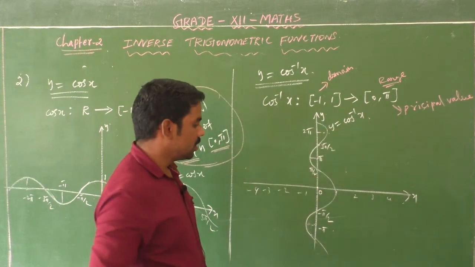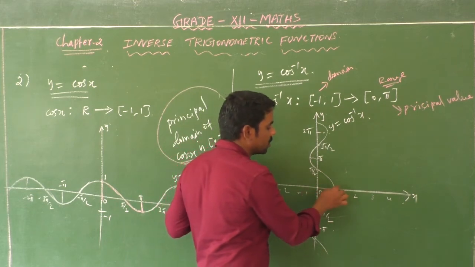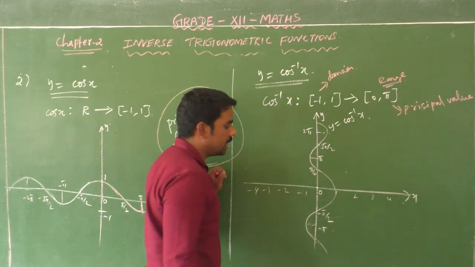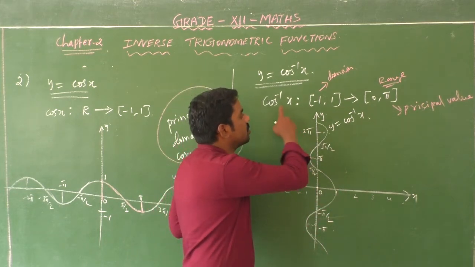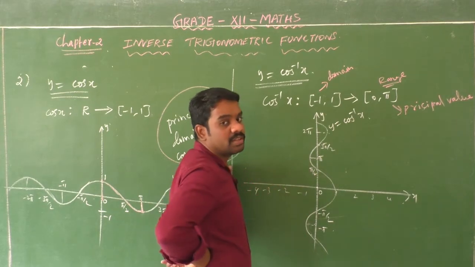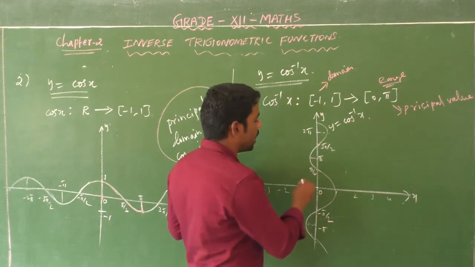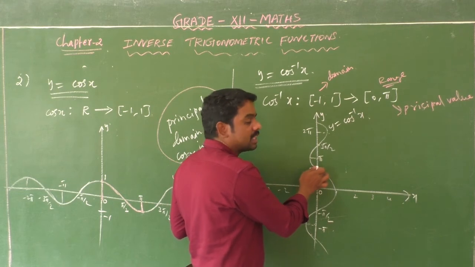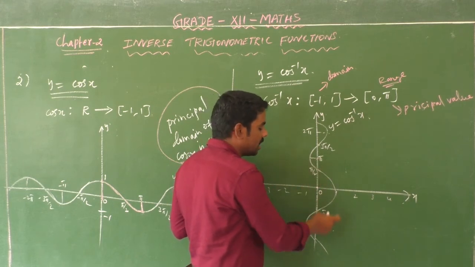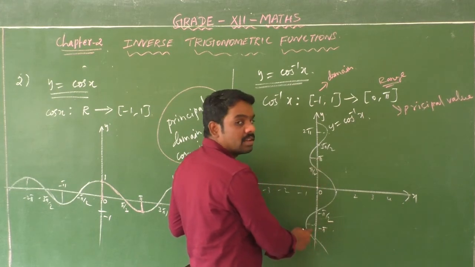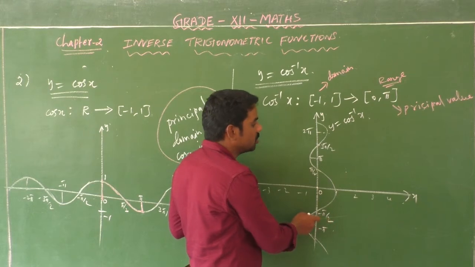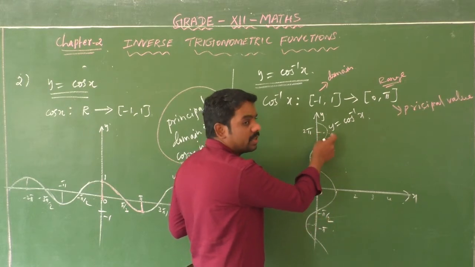And cos 0 is 1. Cos inverse of 0 is 1. And cos inverse of pi by 2 is 0. Cos inverse of pi is plus 1. Cos inverse of minus pi is minus 1. Cos inverse of minus pi by 2 is 0. Cos inverse of 2 pi is 1.